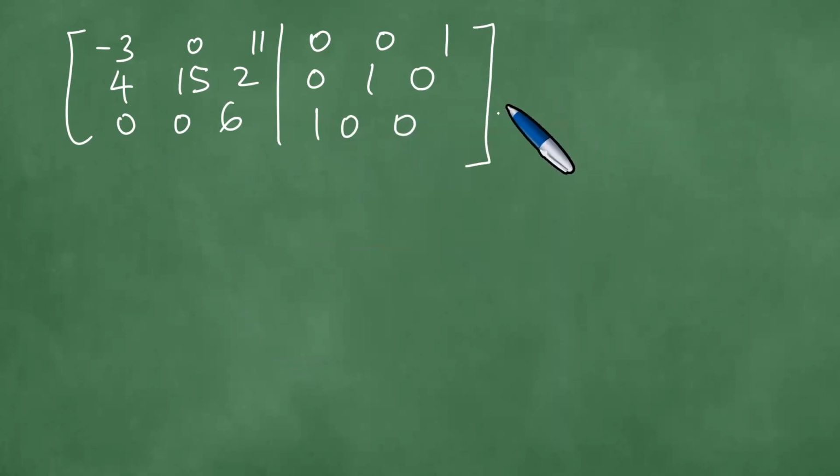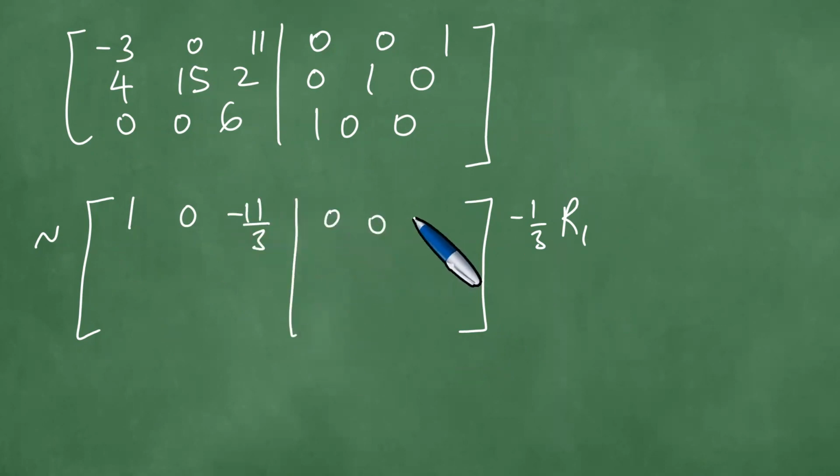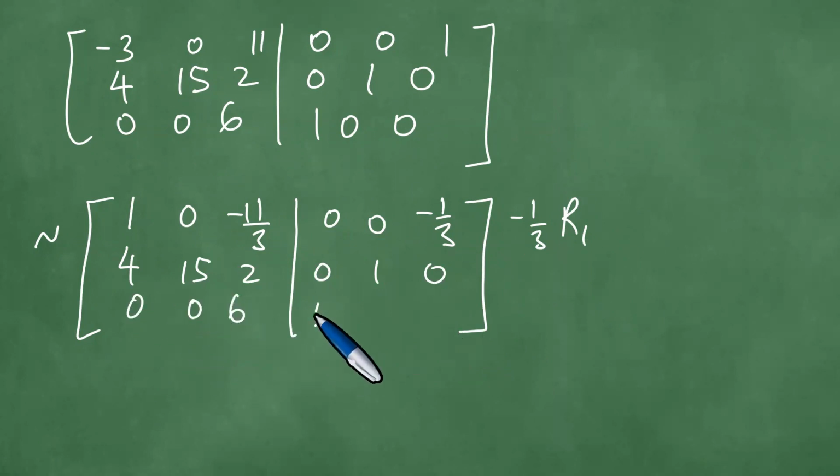Right, and then now, as usual in linear algebra, to get the inverse we multiply the first row by minus 1/3. 11 out of 3 here, 0, 0, minus 1/3, then 4, 15, 2, 0, 1, 0, 0, 0, 6, 1, 0, 0.